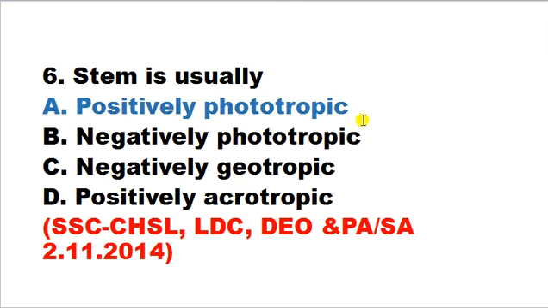Friends, stem is usually positively phototrophic. इसका मतलब क्या है? Their growth is towards light. They show positive phototropism because their growth is toward the light source. And if the growth is against the light source, then it is known as negative phototropism. For example, roots grow against sunlight, below the surface, that's why they are called negatively phototropic. And positively phototropic क्या होते हैं? Stems, because they grow towards a light source.